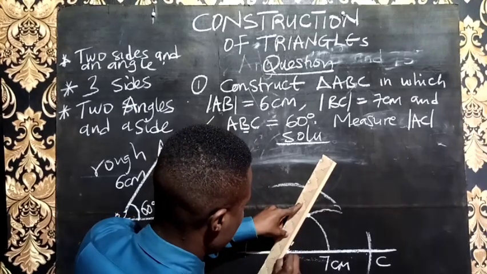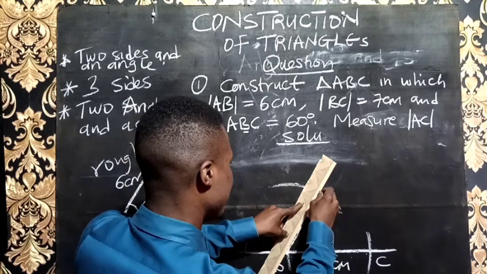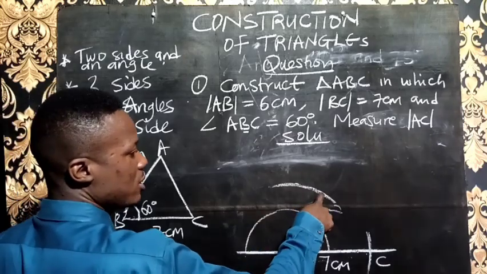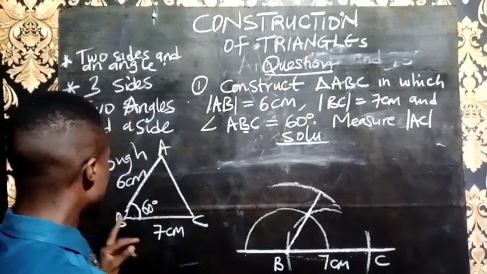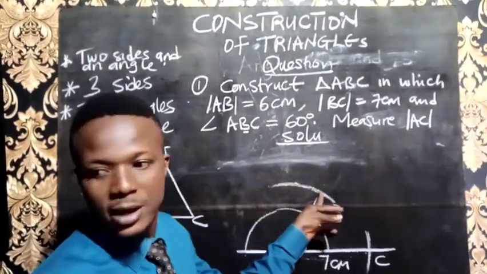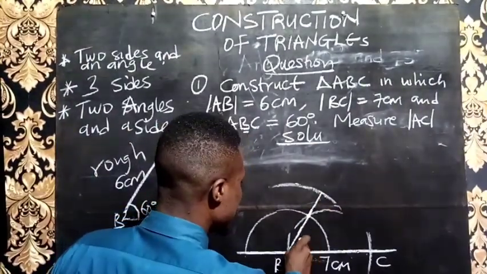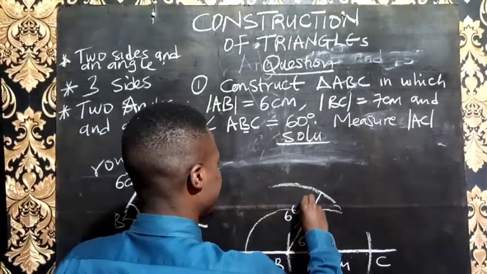I have got my 60 degrees, but I need to reach up to 6 cm as required. Without this arc I will continue going without knowing my destination. But this 6 cm here, which I have measured and marked, will tell me that whenever I reach this point, I'm going to stop. So immediately write 60 degrees, and here is 6 cm.